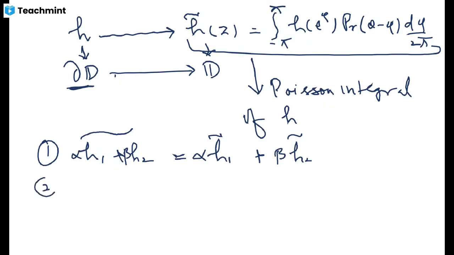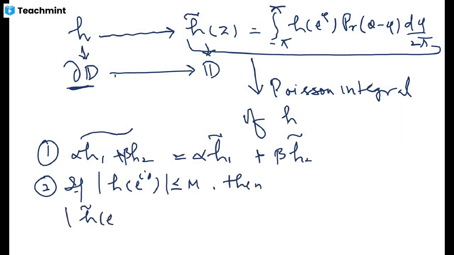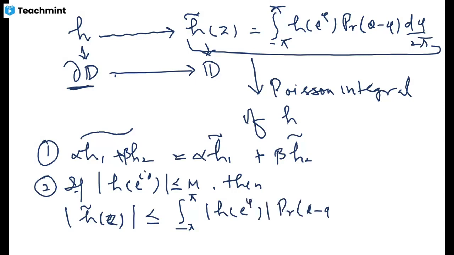Another thing you might observe is that the maximum principle holds, in the sense that if h(e^{i theta}) is bounded by some number M, then the modulus of h tilde, the Poisson integral, is less than or equal to the integral from minus pi to pi of mod h(e^{i phi}) P_r(theta minus phi) d phi upon 2 pi.